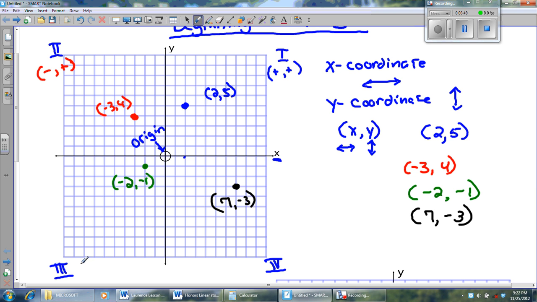All right, the third quadrant, both coordinates are negative. And in the fourth quadrant, we have a positive x and then a negative y. And remember, it's alphabetical, x before y in the alphabet, so the x-coordinate comes first. All right, that's the review.